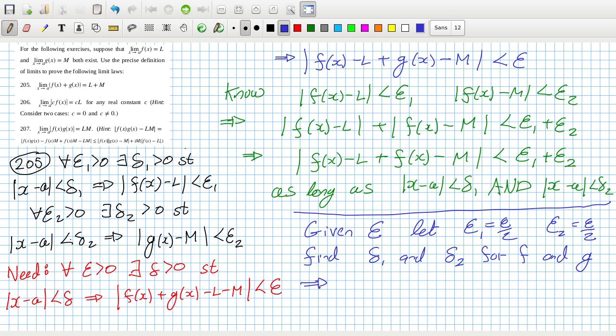And that implies then that the delta we need is the minimum of delta 1, delta 2. Okay, I'm pretty happy with that definition. We have found the delta. It's whichever is the smaller of the two deltas, and we can just split the epsilon equally and find the corresponding deltas and choose the smaller one.